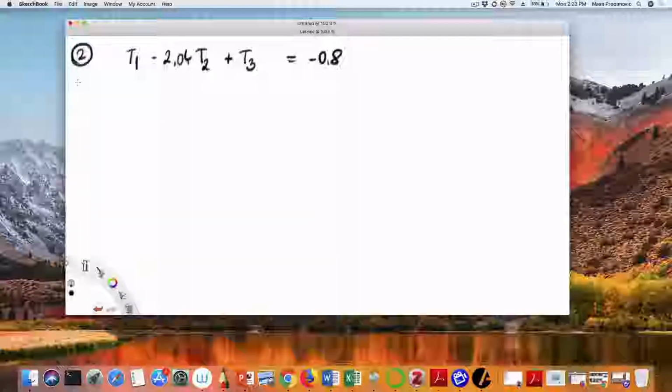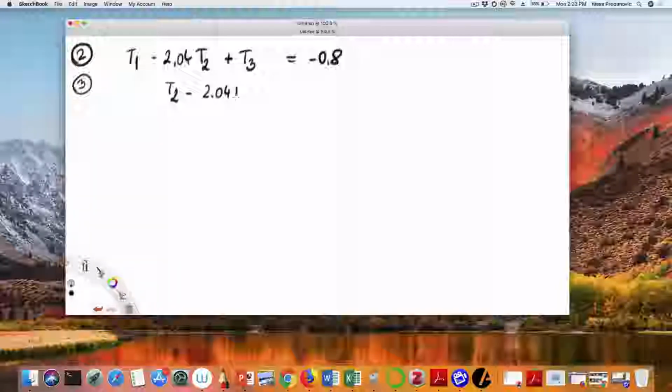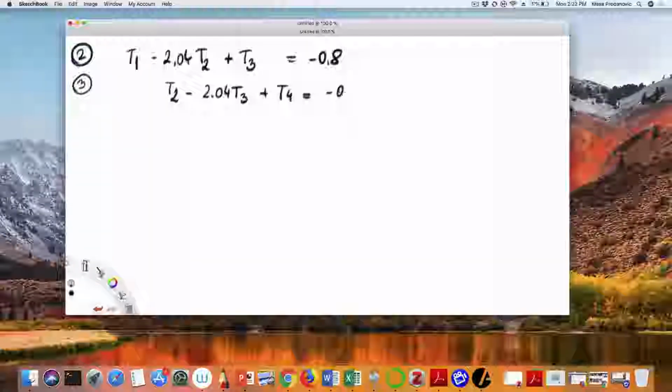And I can continue. My third equation will actually have very similar structure. I kind of am just shifting with a similar type of discretization through these points. And I'm going to get T2 minus 2.04 T3 plus T4 is equal to minus 0.8.